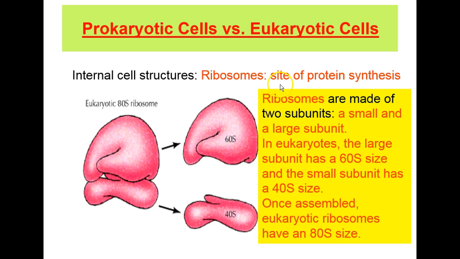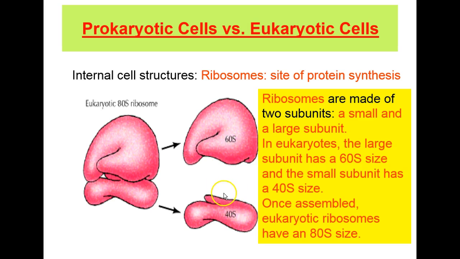Ribosomes are structures made of two components, a large subunit and a small subunit that assemble together to make the entire ribosome. In the case of eukaryotic cells, the large subunit has a measurement unit of 60 Svedberg. The small subunit has a measurement of 40 Svedberg units.